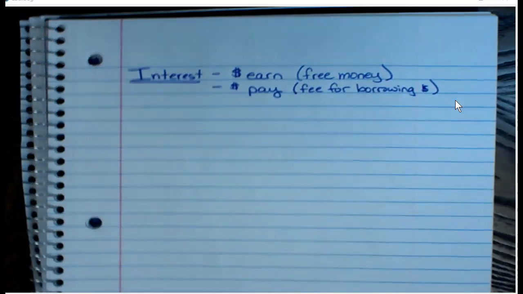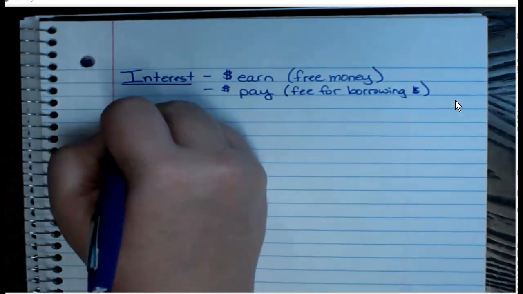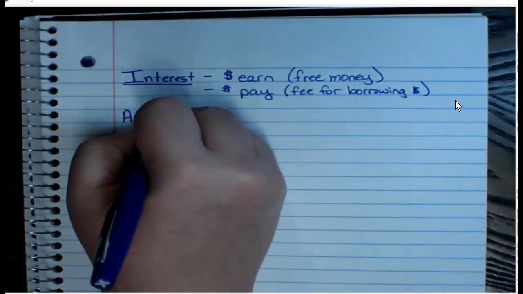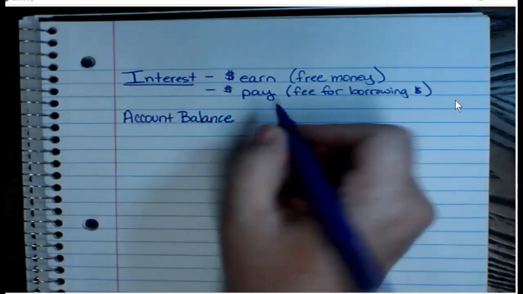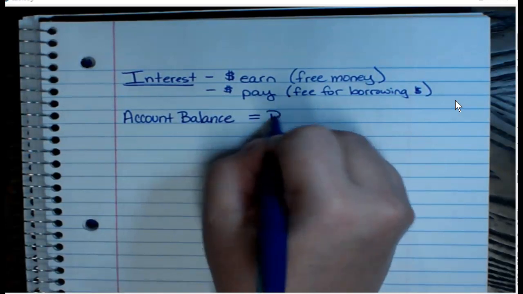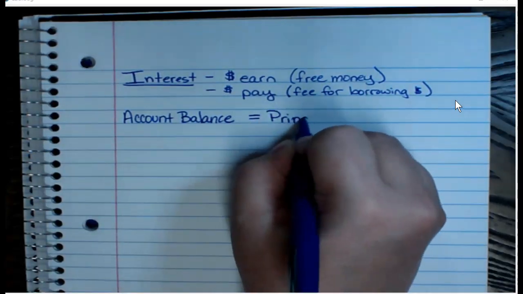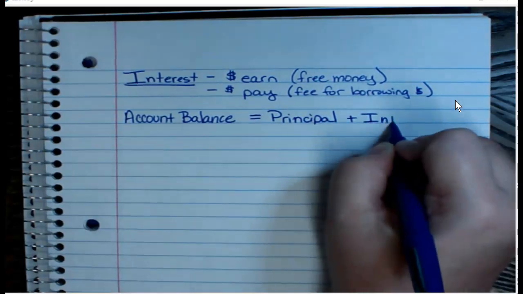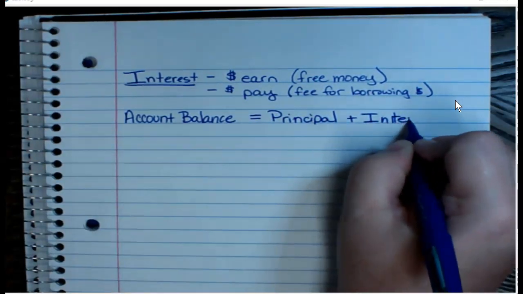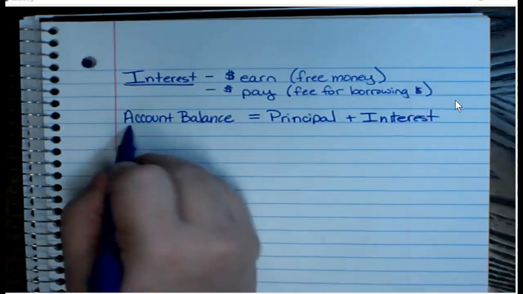But what does that do to your account balance? So let's look at an account balance. An account balance is made up of your principal amount, plus any interest. So that's my account balance.